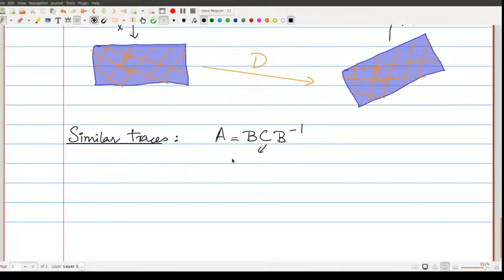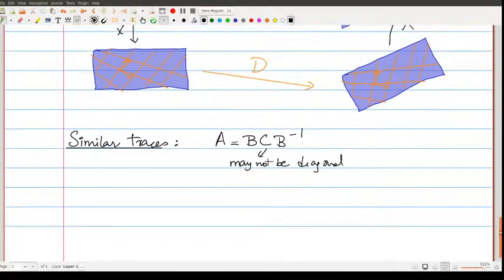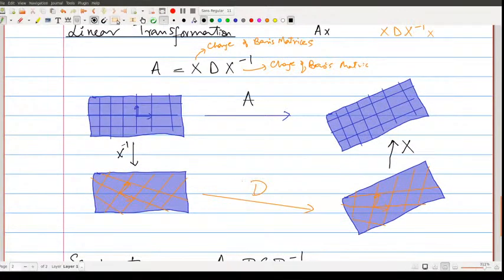In most cases it won't be diagonal, right?